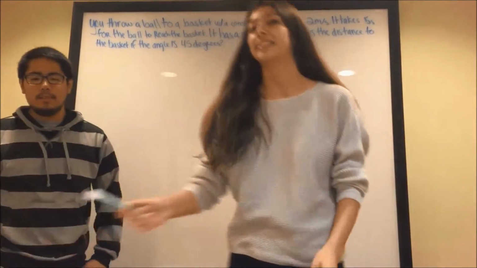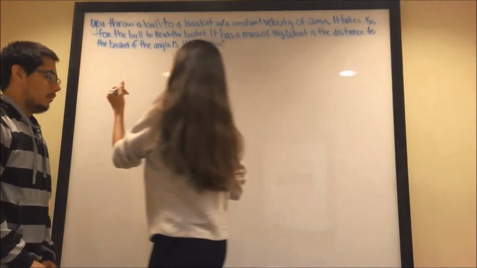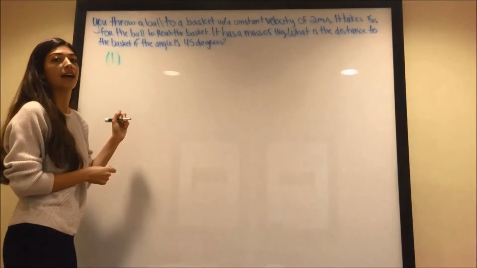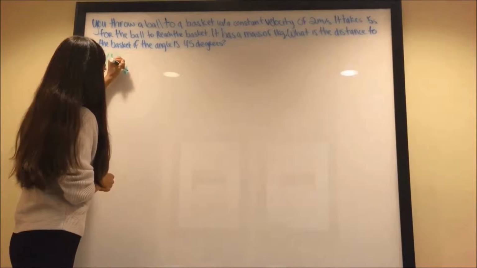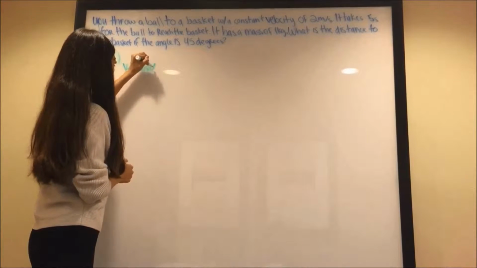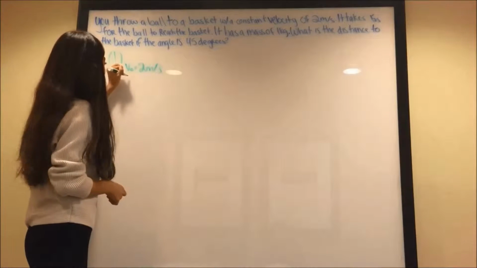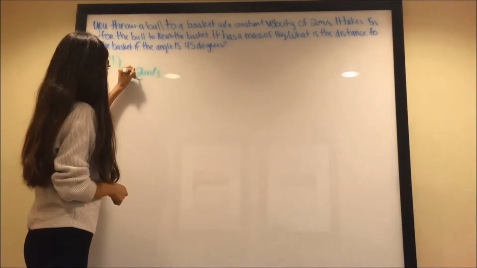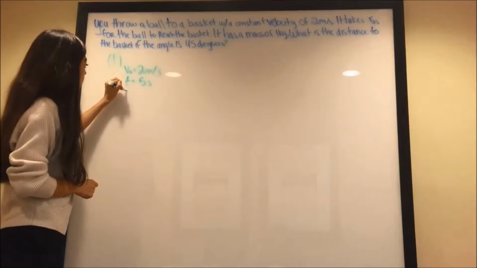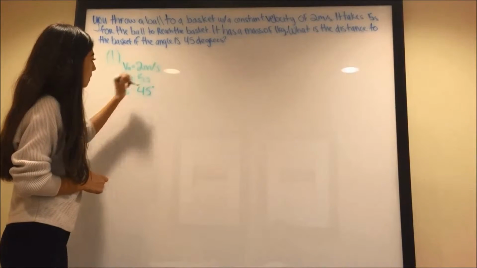Okay, so now we're going to start breaking down the problem. So first we're going to identify all of the inventory and our primary goal. So we know that velocity initial equals 2 meters per second. And we know that time equals 5 seconds. We know that the angle given is 45 degrees.